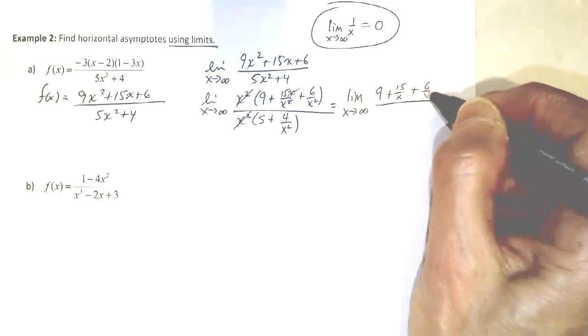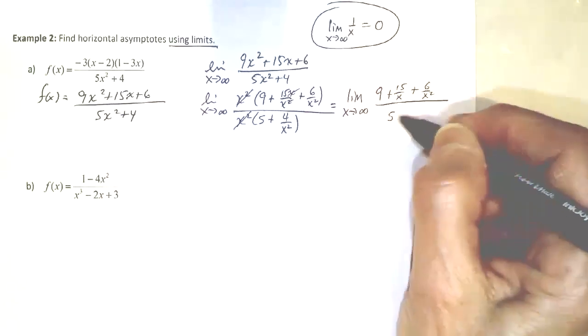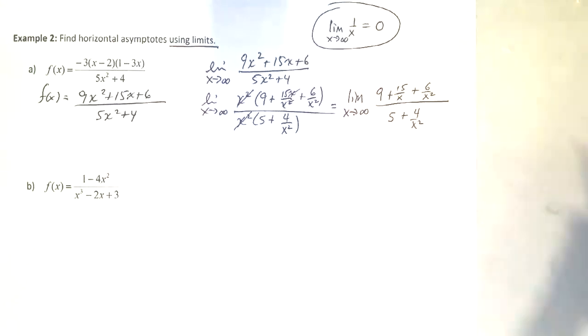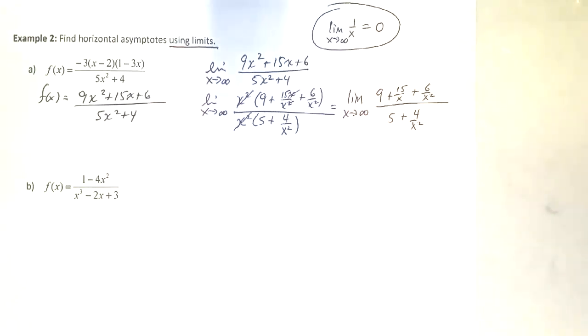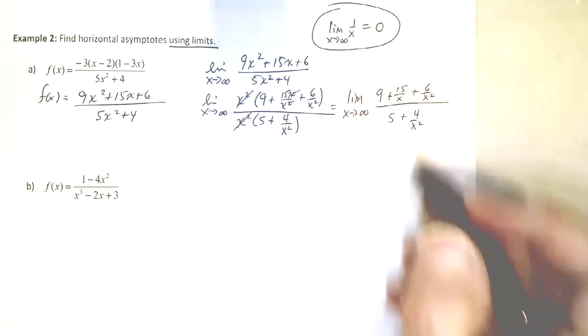This one is fully simplified. 5, these are all simplified. So now we have a series of terms in the numerator and in the denominator, and we know from the property of limits that you're allowed to evaluate the limit as x goes to infinity for each term separately, and then combine your results and you get the answer.